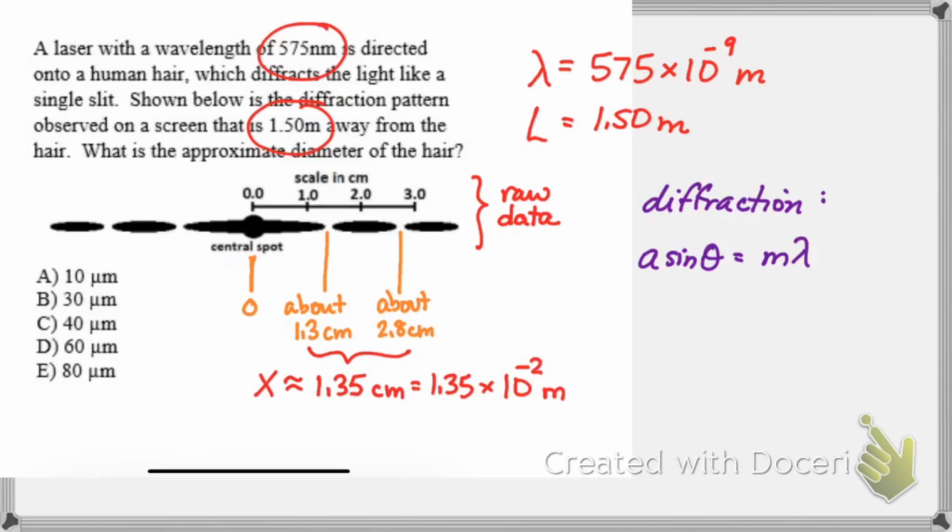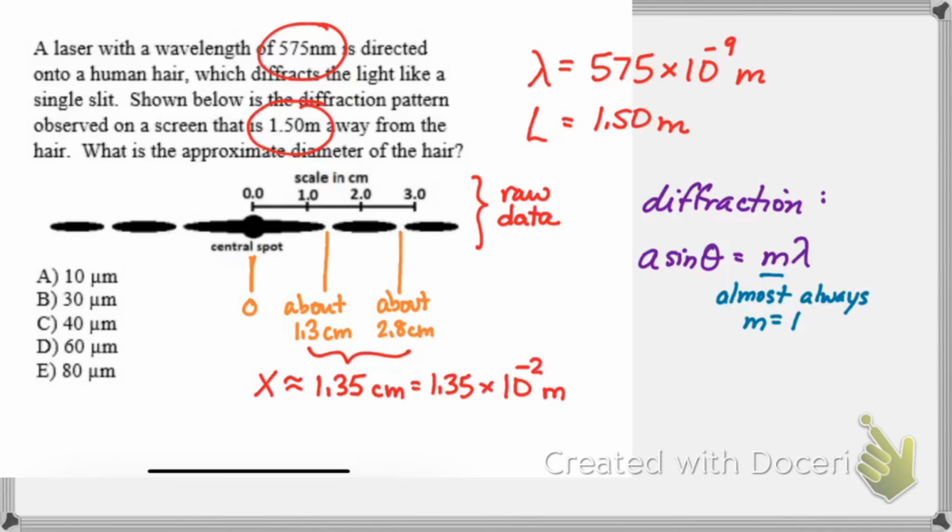M is an integer. But the way we always work these problems, M is 1. Because what we really are looking at is the average distance between adjacent dark fringes.